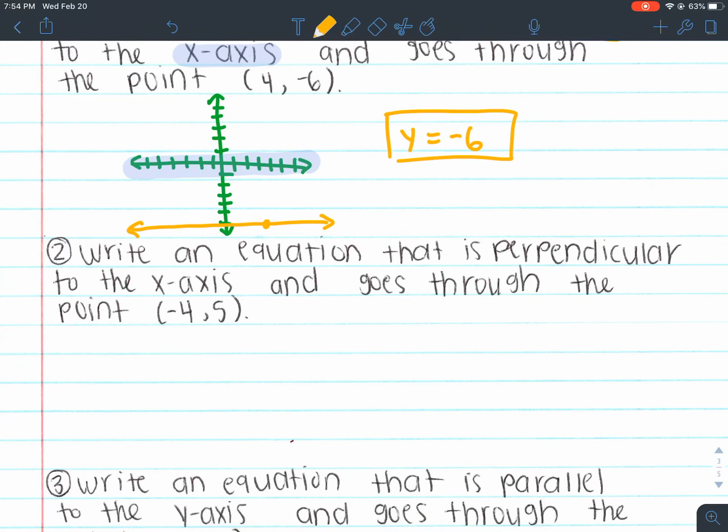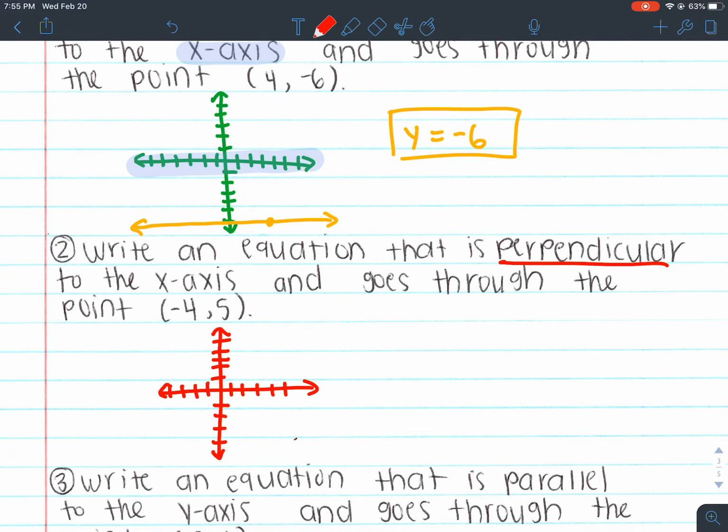Now, always make sure you're reading very carefully. This one, we want an equation that is perpendicular to the x-axis. So I'm going to go ahead and draw another graph. Okay? And it wants to be perpendicular to the x-axis and goes through the point negative 4, 5. That point's going to be up here.